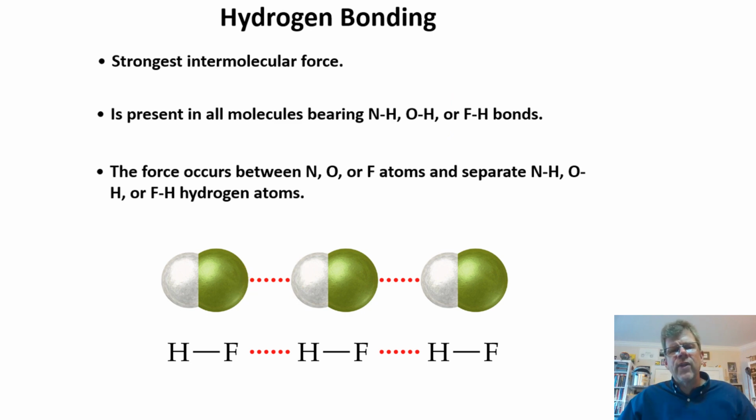So whereas there is only one example of a compound with an FH bond, there are an infinite number of possible molecules that somewhere on them bear either an OH or an NH bond.